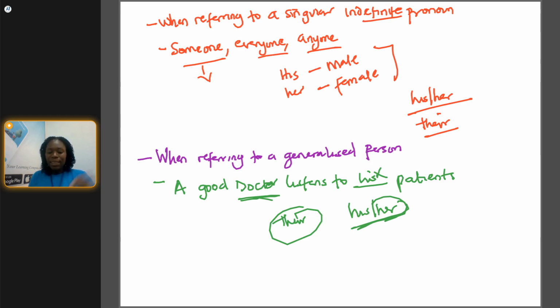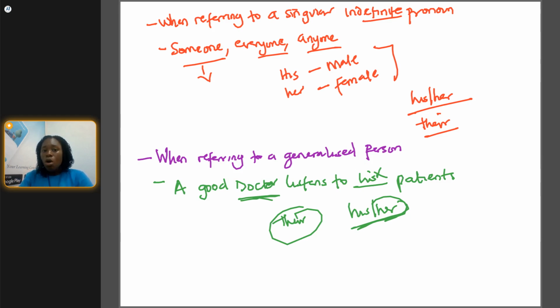All right. Again, I'll run over the three points I mentioned so you know when to use "their." You use "their" for a singular subject when the subject is unclear or when the gender is neutral.